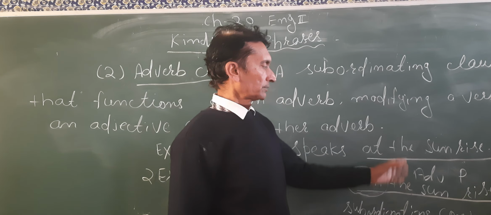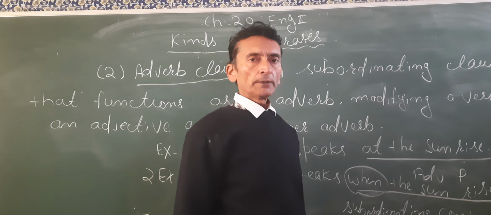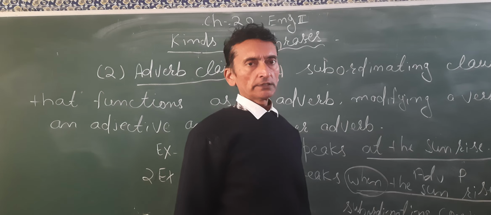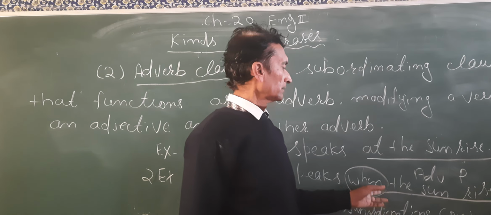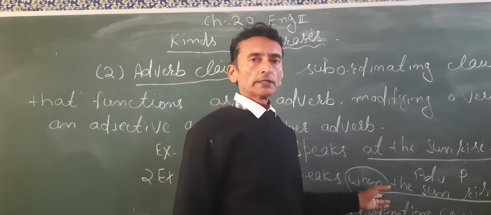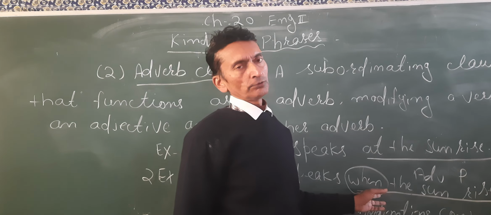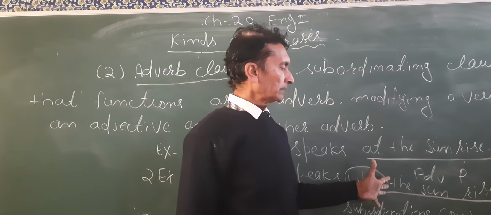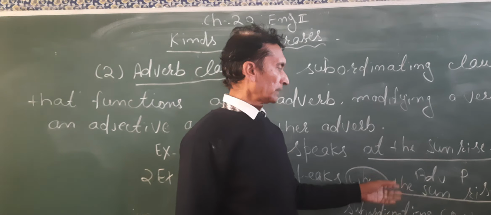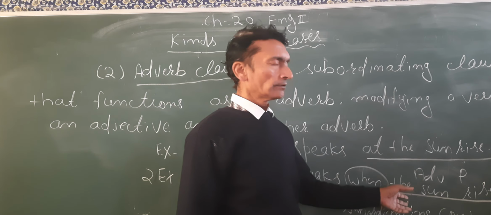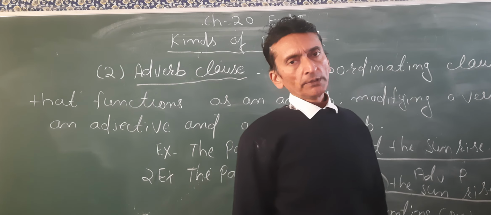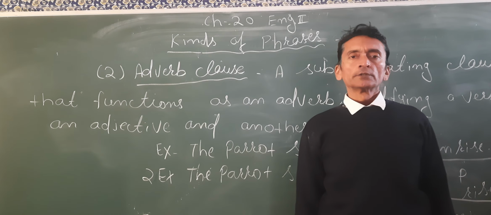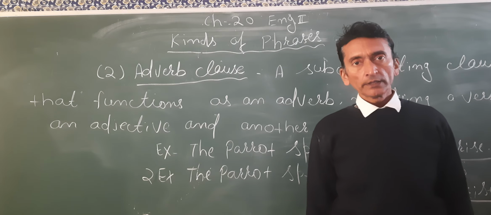So we got one piece of knowledge from these examples: a phrase does not contain any subject and predicate, whereas a clause contains subject and predicate. In this way you can differentiate between phrase and clause. And an adverb clause will begin with a subordinating conjunction.